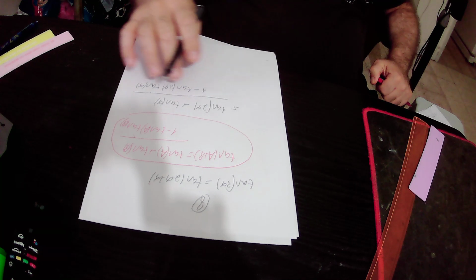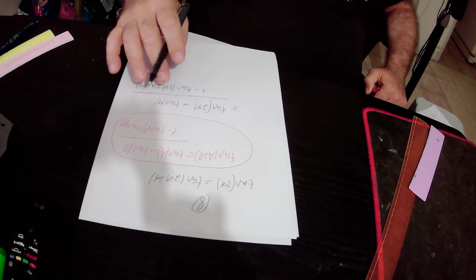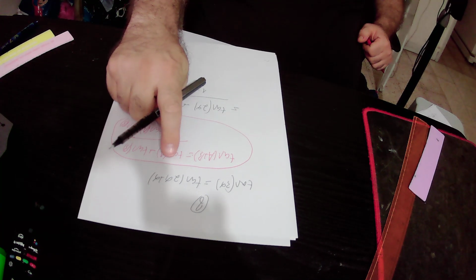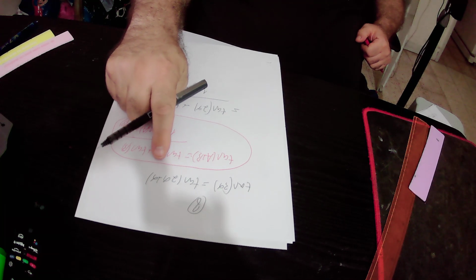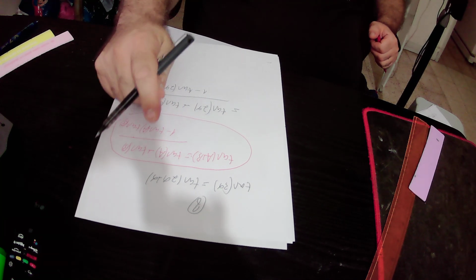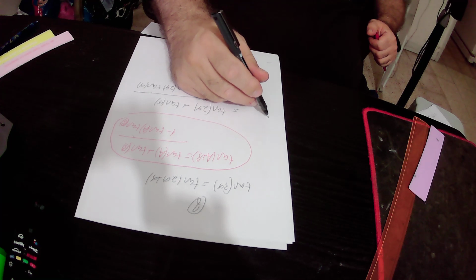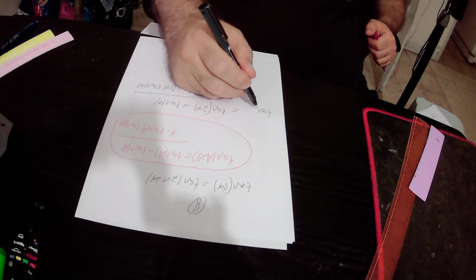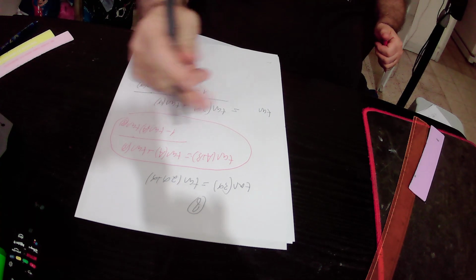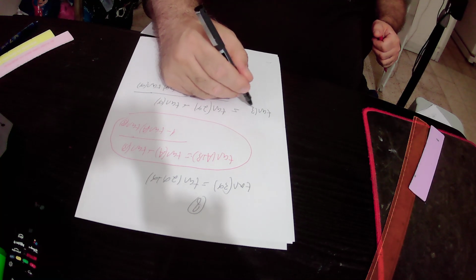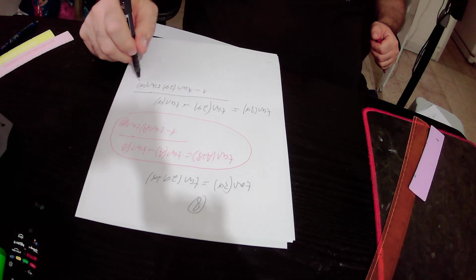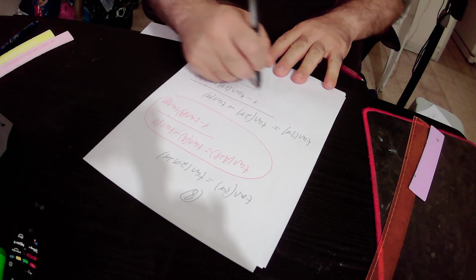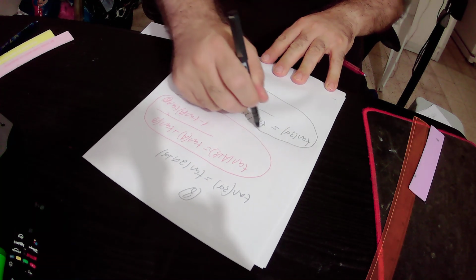So actually this is the value of tangent of 2 alpha plus alpha, but 2 alpha plus alpha is 3 alpha, so it is tangent 3 alpha. So we actually have here an identity.